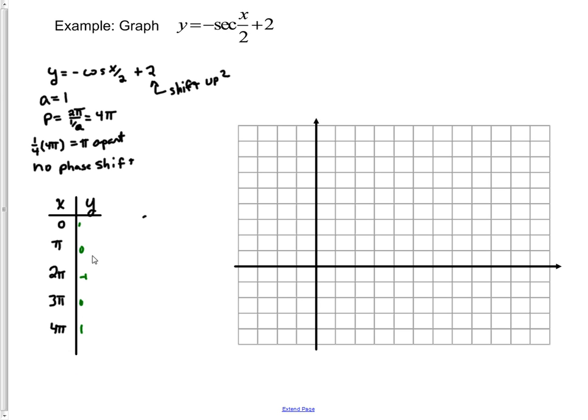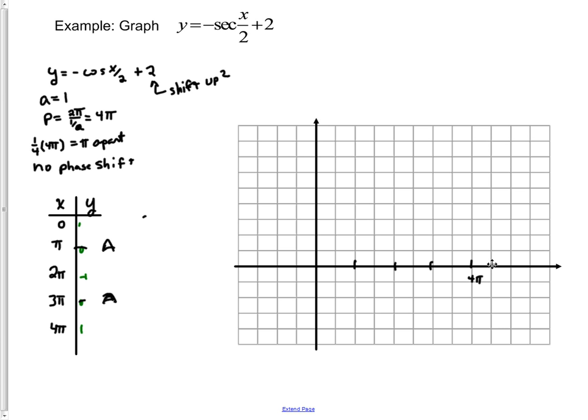What's going to happen here is that wherever the cosine function was equal to 0, our function would have a vertical asymptote, and that's at pi and 3 pi. So we've got 2 asymptotes here within one cycle at pi and 3 pi. So pi, 2 pi, 3 pi. Here's 4 pi right here.